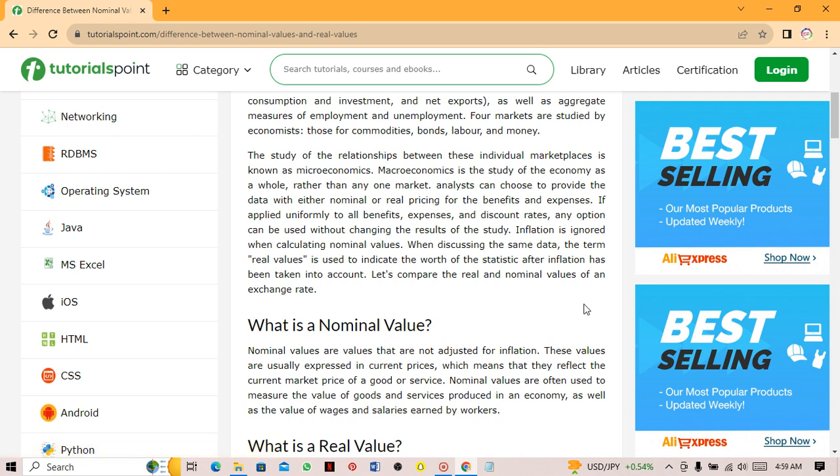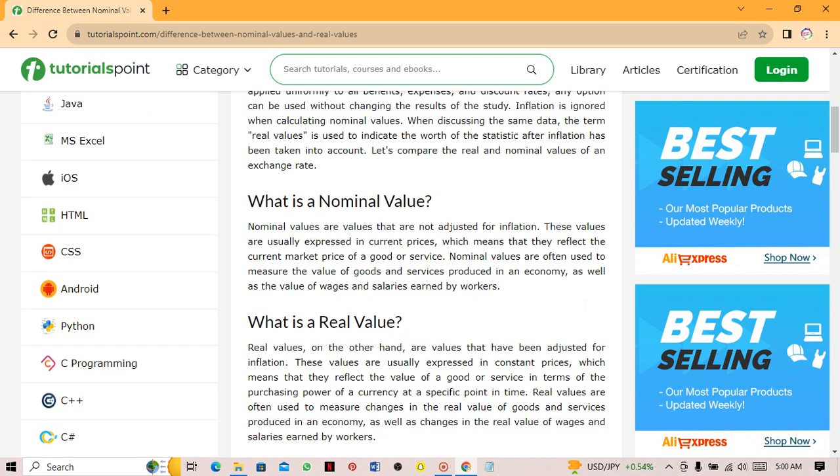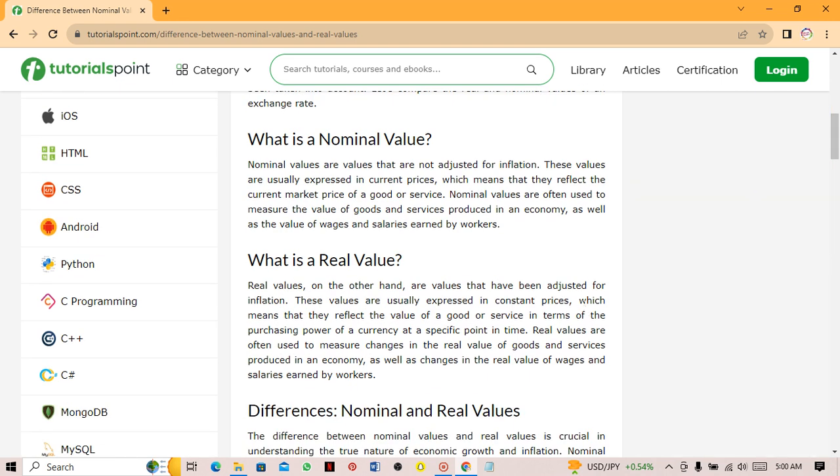Inflation is ignored when calculating nominal values. When discussing the same data, the term real values is used to indicate the worth of a statistic after inflation has been taken into account. Let's compare the real and nominal values of one exchange rate.